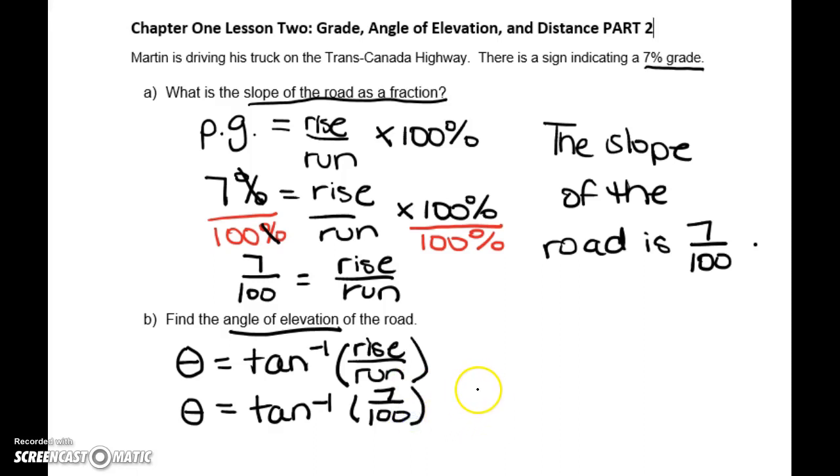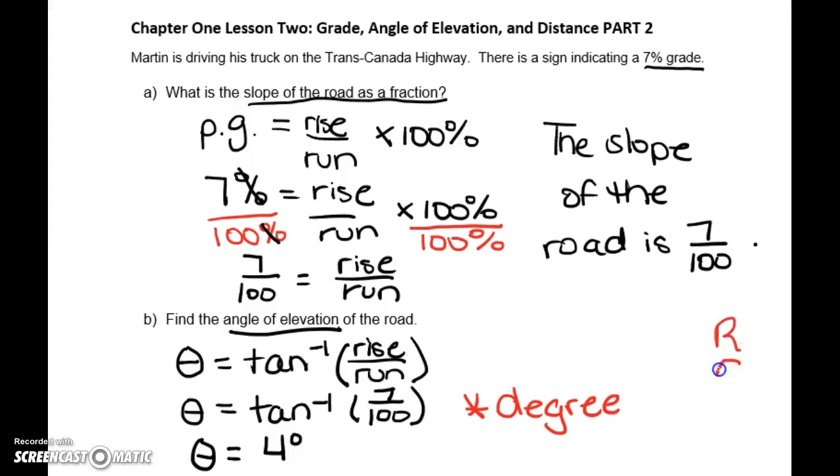From here, we can just put this straight into our calculator. One note here is to make sure that your calculator is in degrees. It should be labeled as a capital D on your calculator, or also DEG. Make sure your calculator does not say a capital R, usually in the top right of your screen, or a capital G, because those are two different types of units.